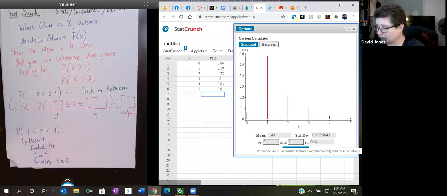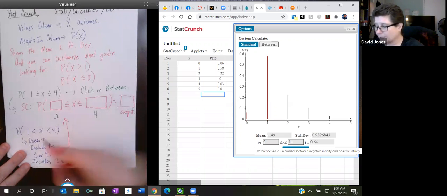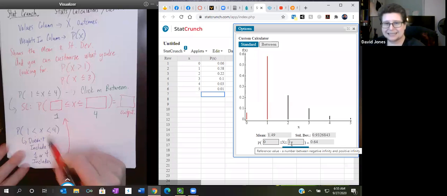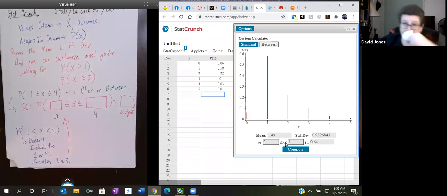So what I have to enter there, I can't use the 1 and 4 when it's that symbol, because that is not an option in StatCrunch. I can't change the symbols there. So sometimes you have to think a little bit. I can't use 1 and 4 because I don't want 1 and 4. I'm not including those values. So I have to go to the next value inward. The next value inward is 2 on the left and 3 on the right.